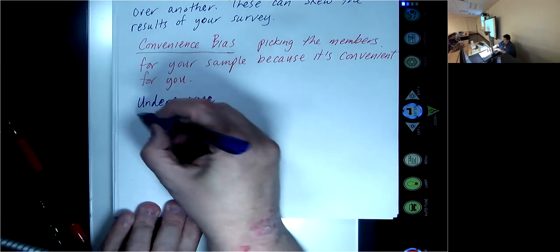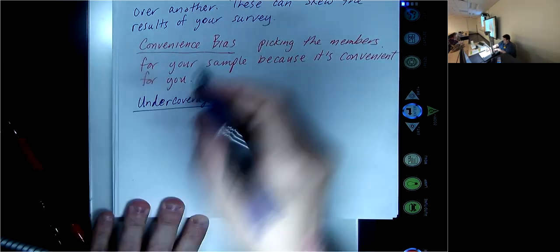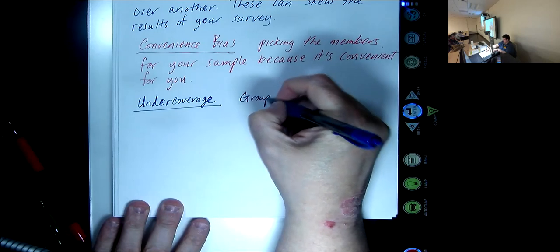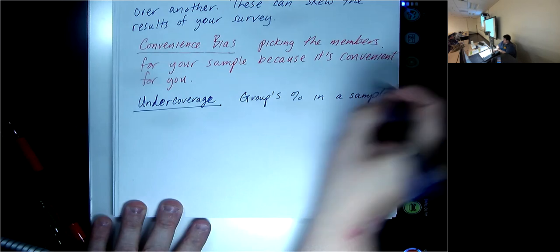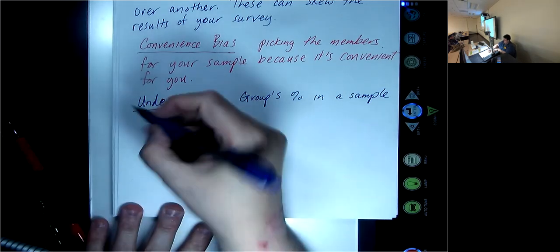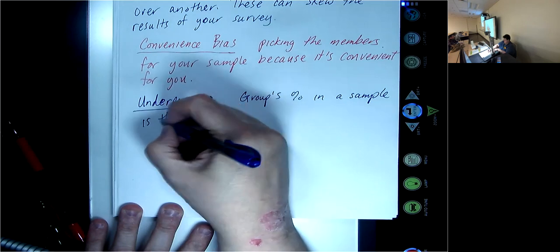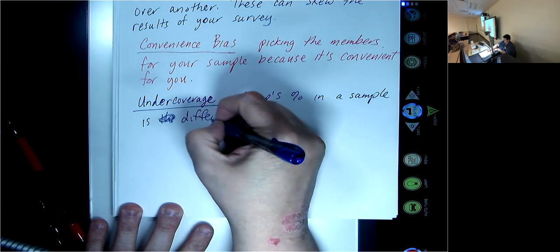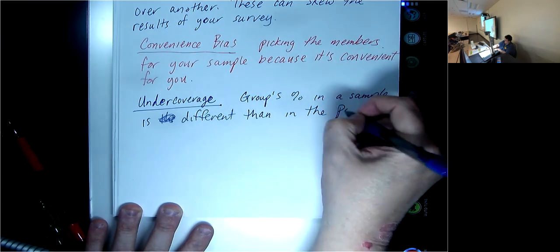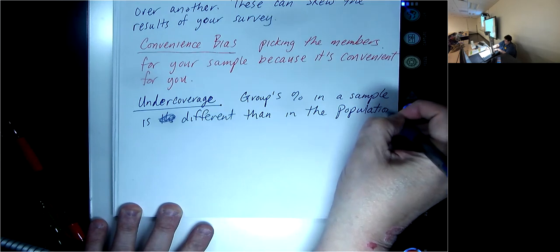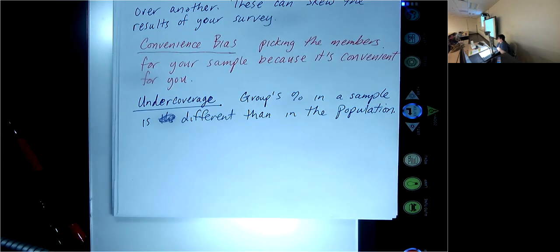So an undercoverage bias occurs when the group's percentage in a sample is different than in the population. This happens a lot in politics, political surveys.